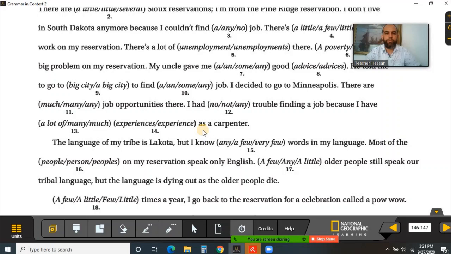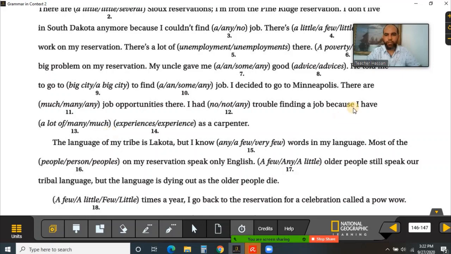And sometimes we may use the word experience in the plural form referring to specific experiences. Okay, but the correct answer here is experience. We are talking about experience in general. Now, because the word experience is uncountable, we have to choose the right one here. Much doesn't work because much is used in negative statements.